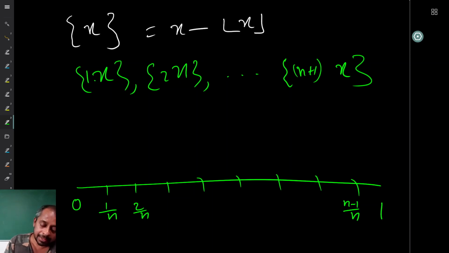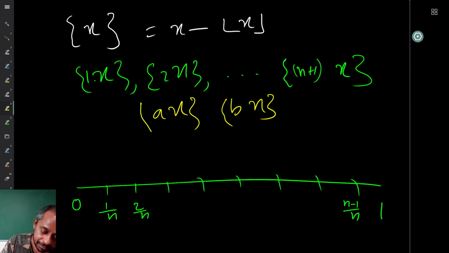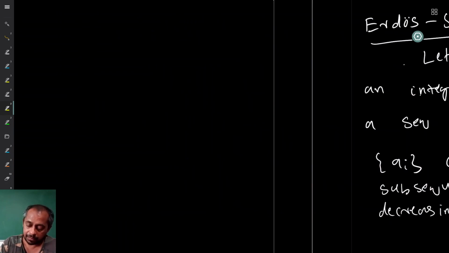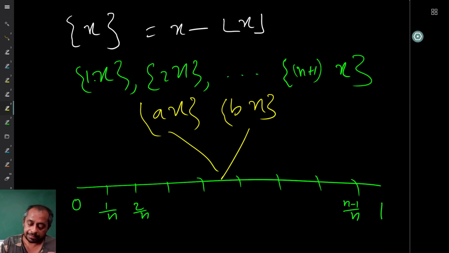So what we know is that by the Pigeonhole principle, two of these, some ax and some bx, the fractional parts must belong to the same interval, some interval. So we know that the fractional part of ax and the fractional part of bx belong to the same interval.